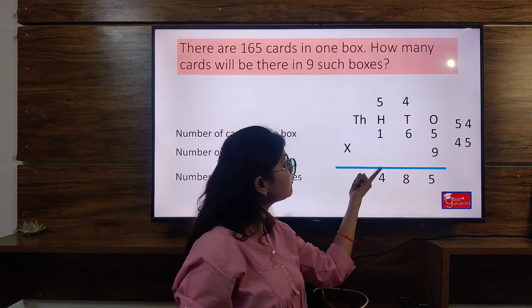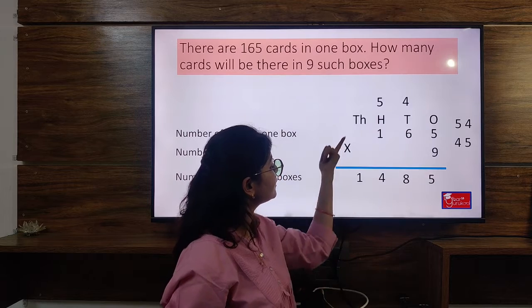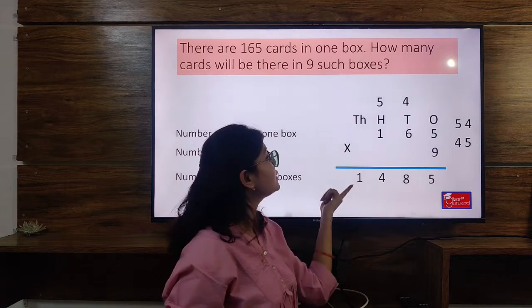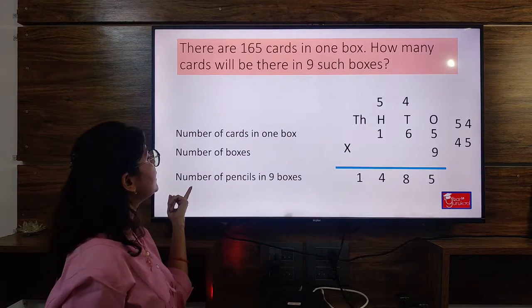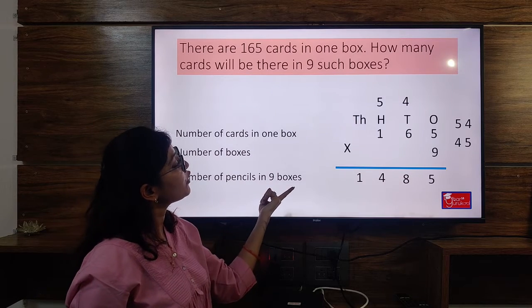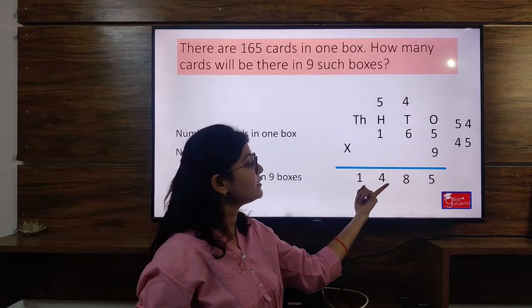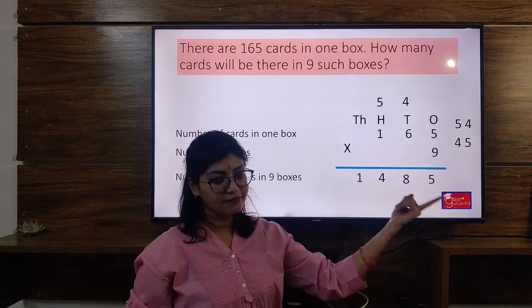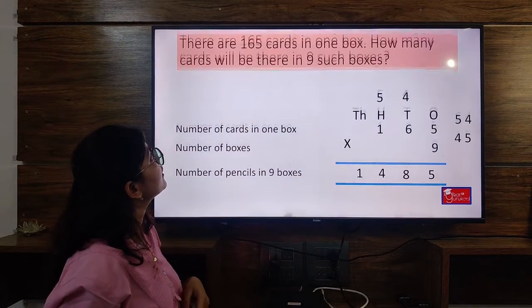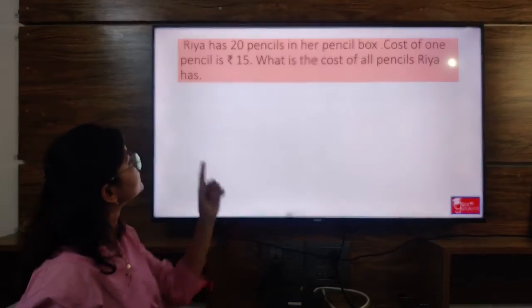So in 14, 4 will come at hundreds place and 1 will go as a carryover at thousands place. So number of cards in 9 boxes are 1485.